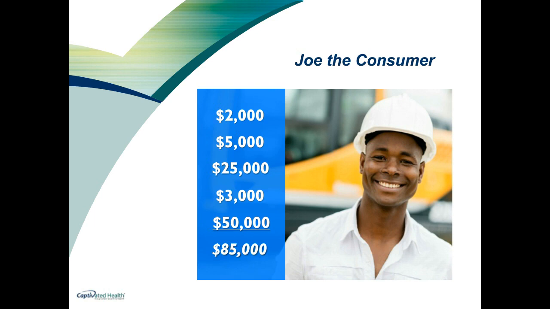So now Joe's school gives him access to a second opinion program where Joe can have his tests, his images reviewed by multiple surgeons around the country who are going to give Joe a second opinion, which may come back and say, Joe, surgery is necessary, or it may come back showing that Joe doesn't need back surgery whatsoever. That, of course, a treatment of physical therapy is actually a better option for Joe.